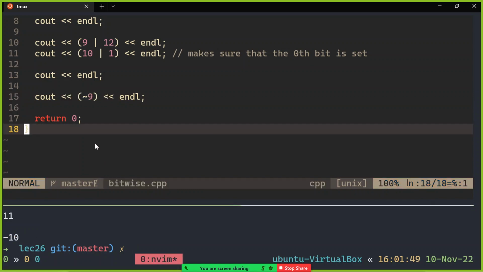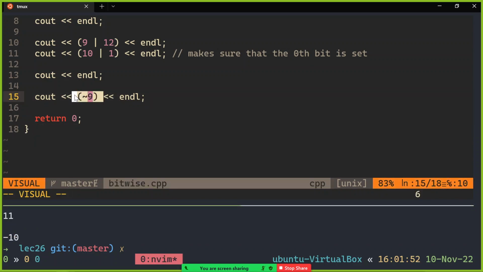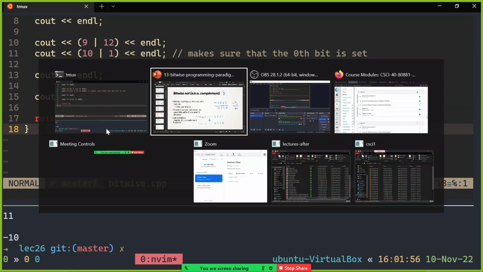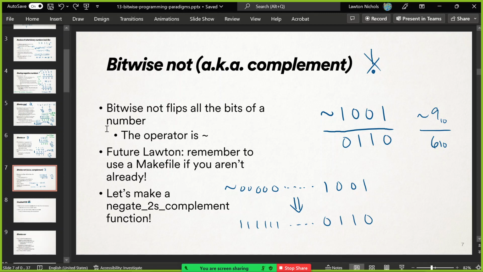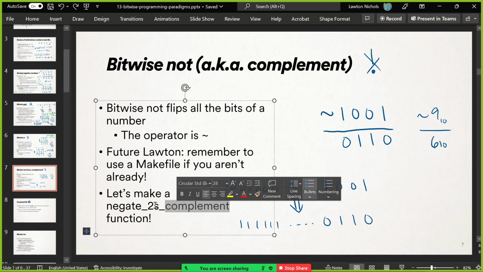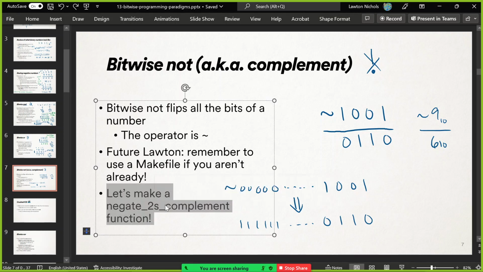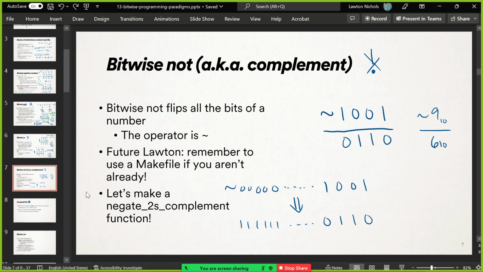Which makes sense, because the 2's complement form is flip all the bits, that's this, and then add 1. That would have made -9. Isn't that cool? So before we get there, we're going to make a negate with 2's complement function. Instead of using the negation operation, we're going to do it from scratch with the not operator and then the plus operation.